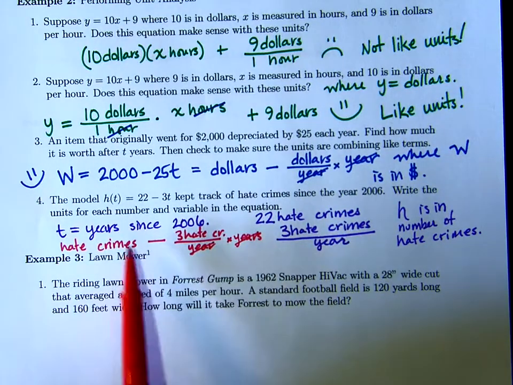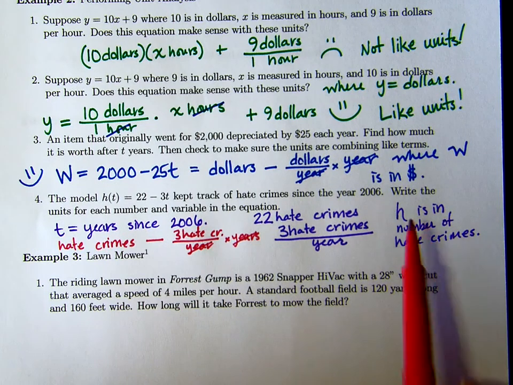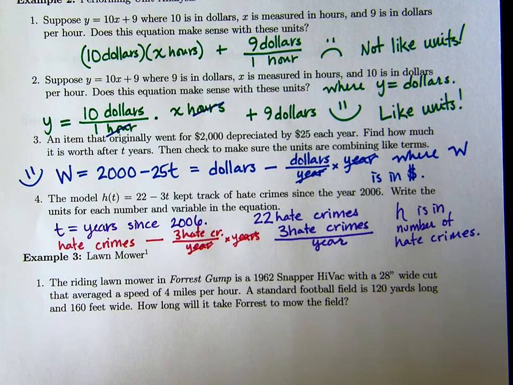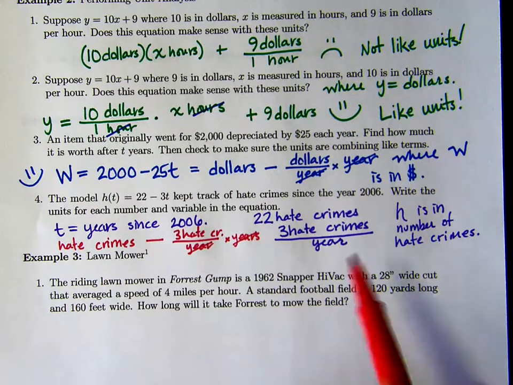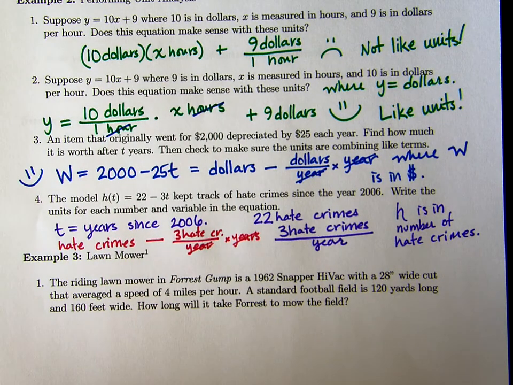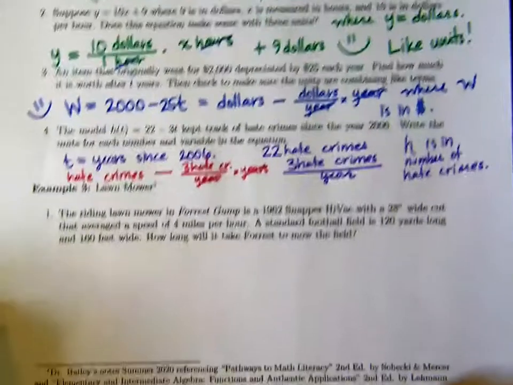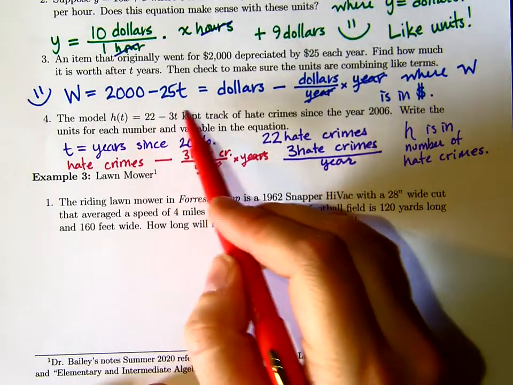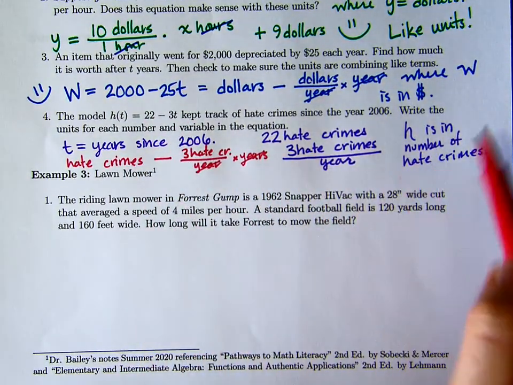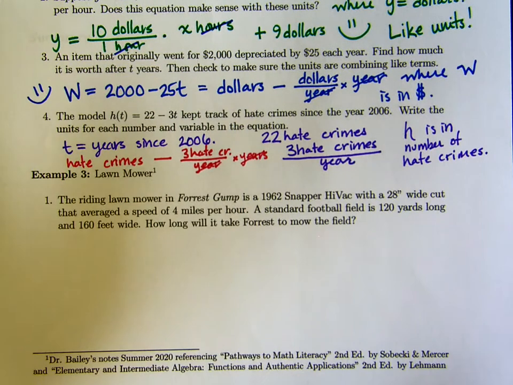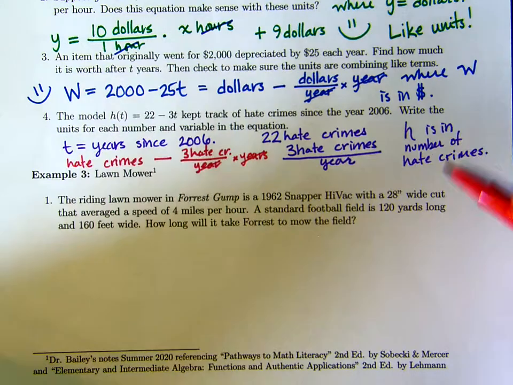Then we have hate crimes, take away hate crimes is fewer number of hate crimes. Yay! Okay, I really want to check it. This is a hopeful example here. Okay, but each one of these numbers and variables deserves its tag. Like, what is this representing? This 22, what does it represent? Is it 22 apples? No, that's 22 hate crimes.